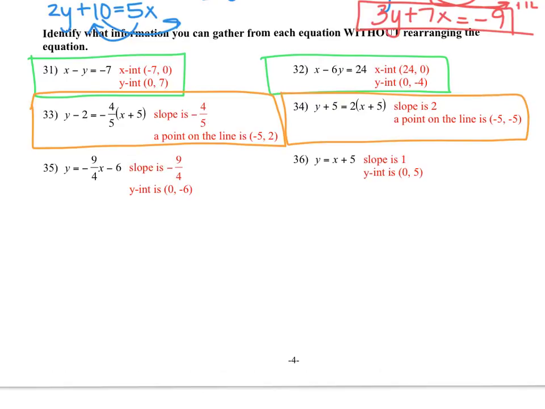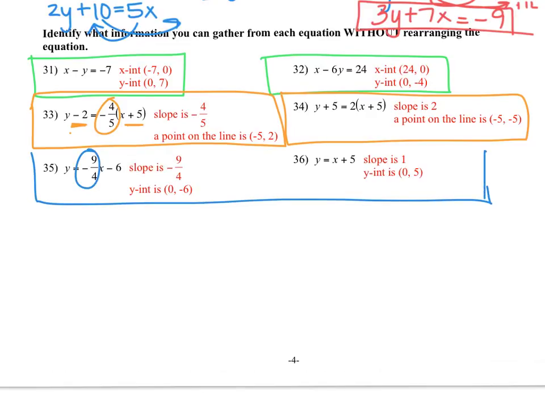And from those, you can see the ordered pair. Make sure that you read it backwards and opposite, x with x, y with y. And you also see the slope, similar in 34. And then 35 and 36, this is slope-intercept form. And in slope-intercept form, we can obviously see the slope and the y-intercept. That's why they call it slope-intercept form.